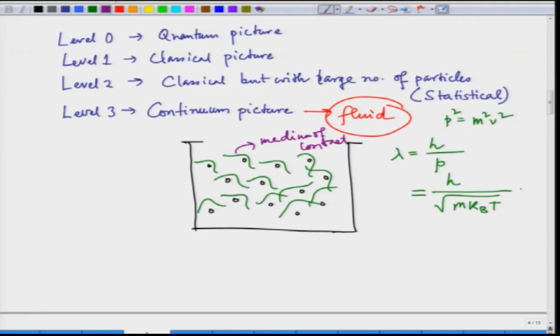Now, try to understand one simple thing. If we make the container very large, then the particles, which are thermally excited, have much more space available for their motion and can move farther from each other. Or, if we contract the whole container, then these particles will come very close to each other.